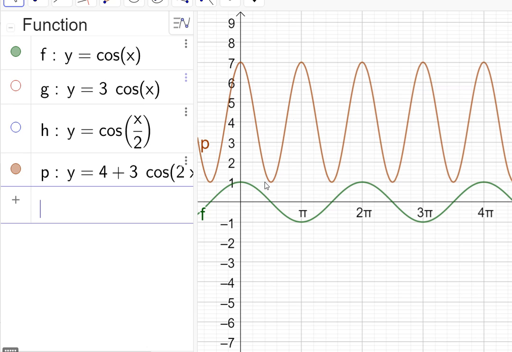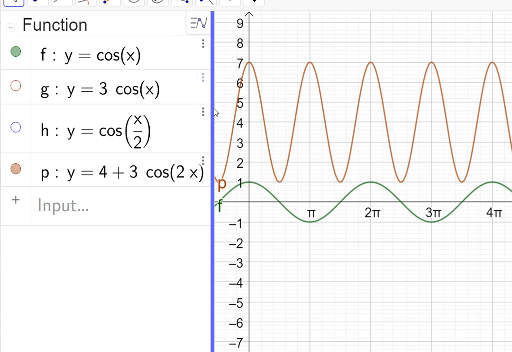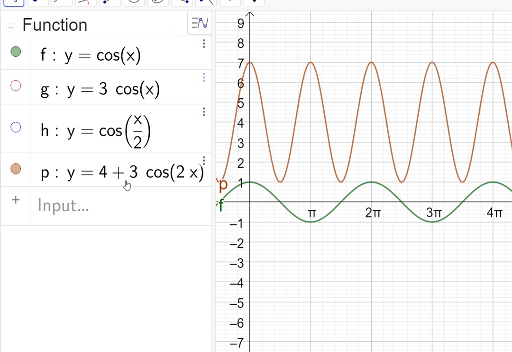So we're going from 4 down to 1 and 4 up to 7, because our cosine function oscillates between plus and minus 1 and we're multiplying that by 3. So the maximum is 4 plus 3 up to 7 and the minimum is 4 minus 3 down to 1.